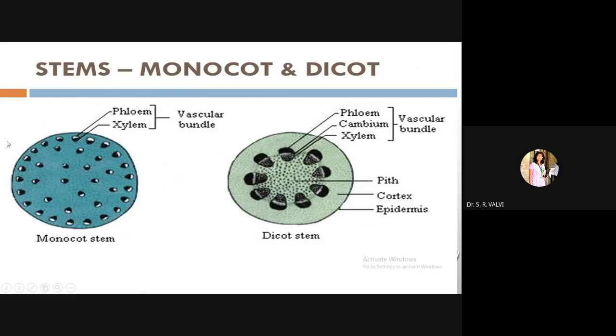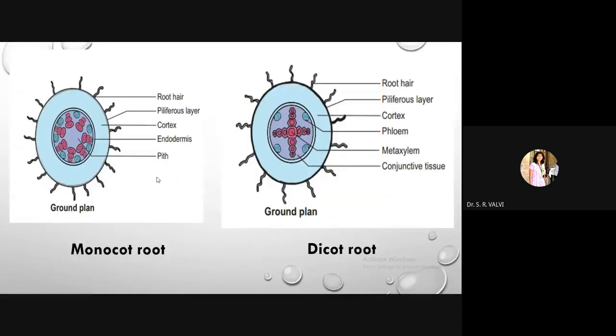So in case of monocot, you are going to observe scattered vascular bundles, as cambium is not there, cambium is not arranged in a ring fashion. Okay? And in a dicot, again I am repeating, cambium is present which holds all the vascular bundles together.